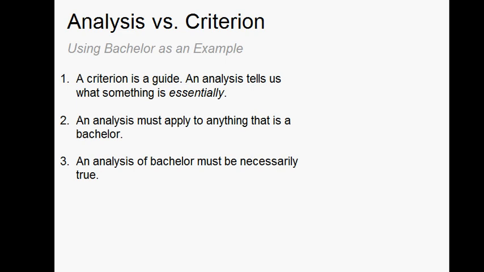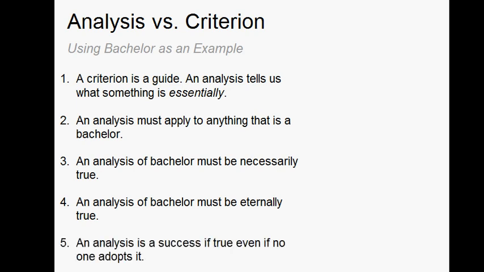It also has to be necessarily true. Analyses are supposed to identify the essential constituents of the thing that you're analyzing. And whatever these constituents are, they're going to be not only necessarily, but eternally true of the thing. There's not going to be a time at which something is this and is not a bachelor, but is that thing and is a bachelor, if that thing is part of the analysis, or is the entire analysis.